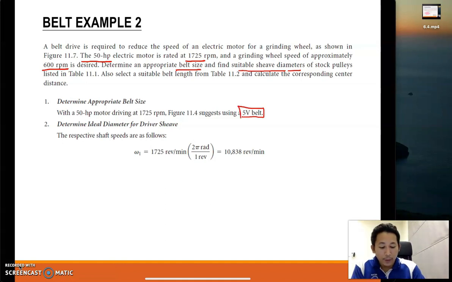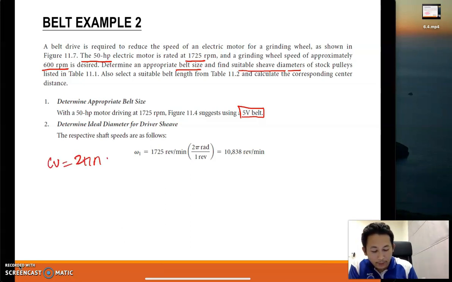Okay, so we need to determine the diameter of the shaft. So we need to calculate from the 1725 RPM. So we have omega equals 2 pi n.